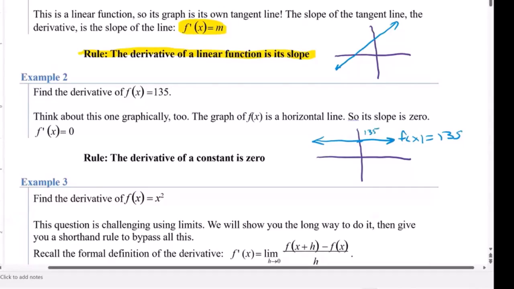So let's look at this as a graph, and we can see that the line is horizontal. So what would its slope be? If I say rise over run, it's not rising, so it's 0 over anything, which is 0. So that gives us another rule. The derivative of any constant is 0.